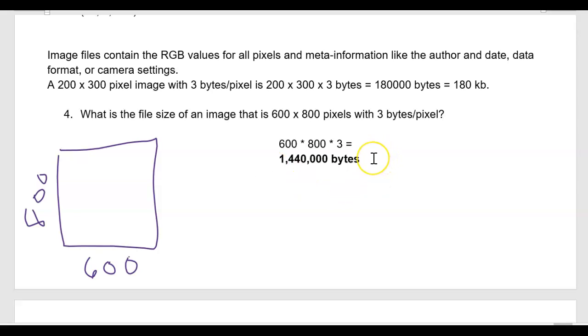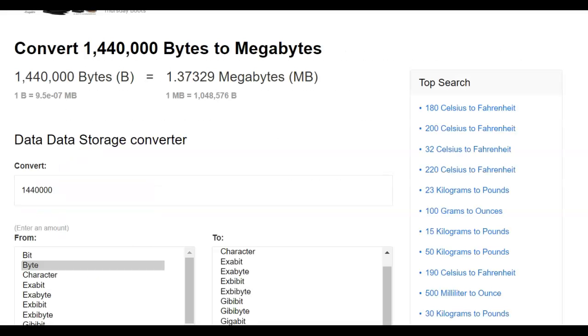And so it's not going to be exact, but this is also going to be about 1.4 megabytes, because there's about 1 million bytes in 1 megabyte. And so if I actually Googled this, it wouldn't be exact, and that's because binary is not base 10. And so I actually Googled it, and it's about 1.37, so still approximately 1.4 megabytes. So again, there's about 1 million bytes in a megabyte, but it's not exact.